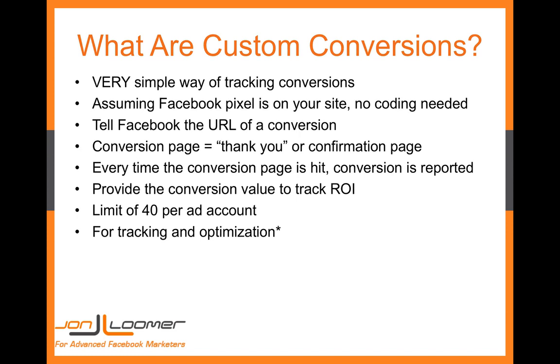And they're used for optimization, meaning when you have a conversion objective, Facebook will have you specify what specific conversion you want to optimize for. Facebook will then show your ads to the specific people within the audience you're targeting who are most likely to perform that action.